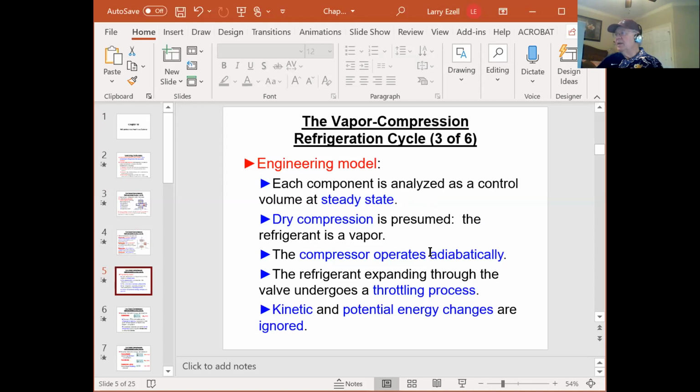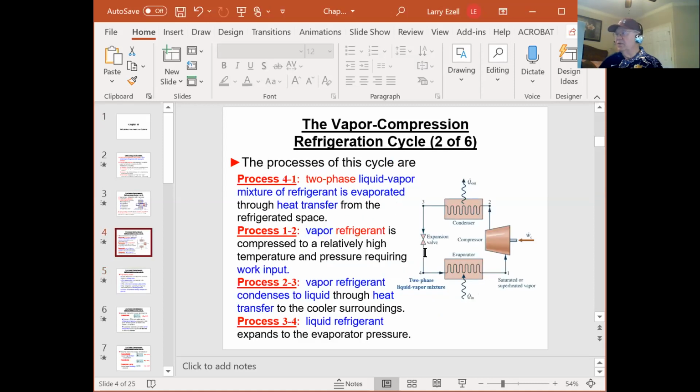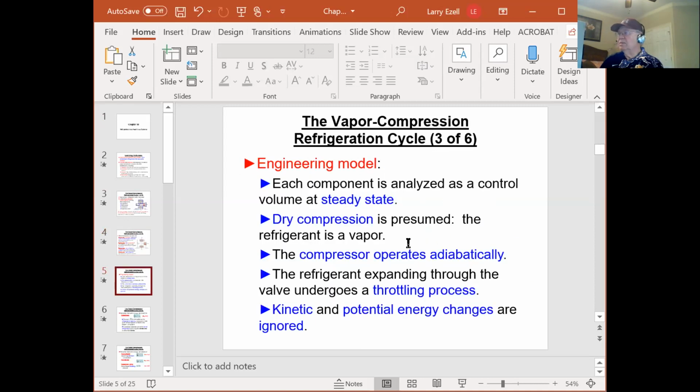It's isentropic, adiabatic, and reversible. The refrigerant expanded through the valve undergoes the throttling process. That's this valve we show here, the throttling process. And we neglect kinetic and potential energy changes.